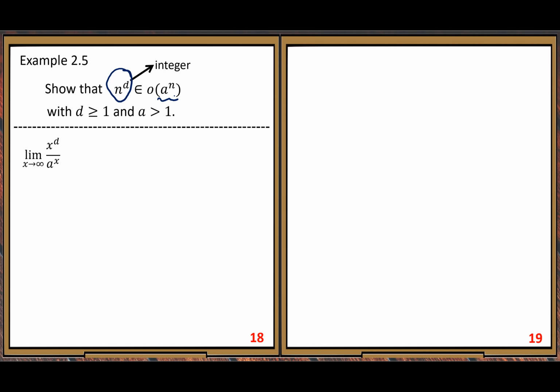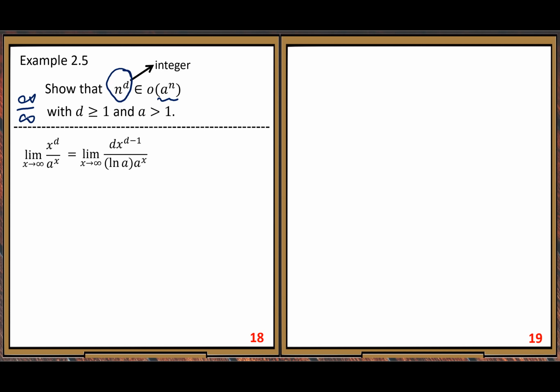So let's write a continuous version of these two functions directly, using x to replace the discrete variable n, so we can take derivatives. But we need to check the indeterminate form first. No problem, because this is an infinity over infinity indeterminate form, so we can apply L'Hopital's rule.